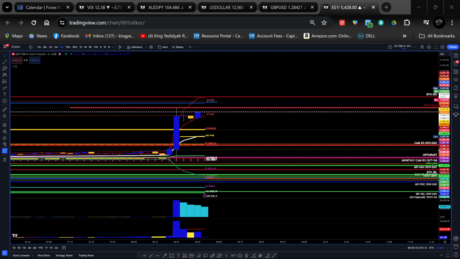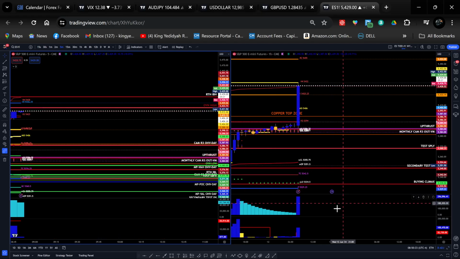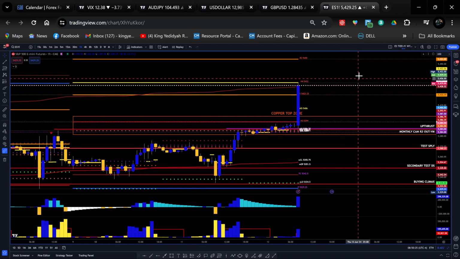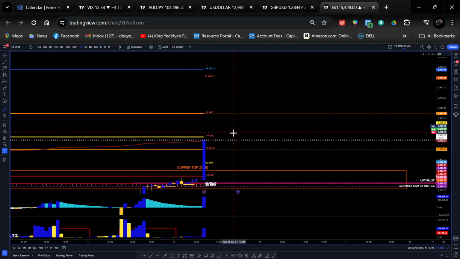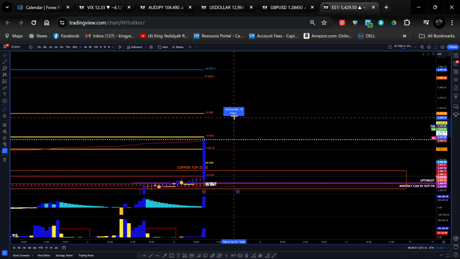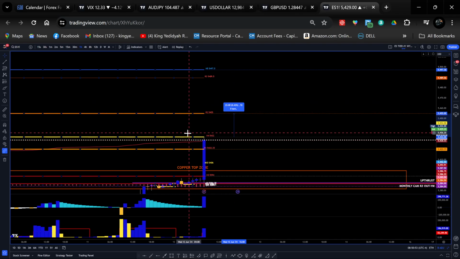Let's go back to the weekly levels on the hour chart. They might have some levels there. So we're basically looking at floor pivot R2 at 54.55 as a target. If we break out of Camarilla R4 at 54.32 on the weekly, that's weekly Camarilla R4 to weekly floor pivot R2, a 23-point move.